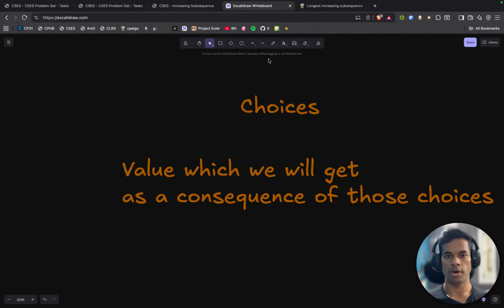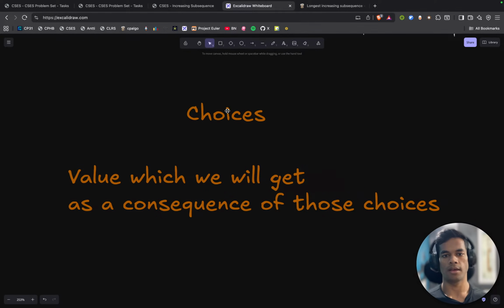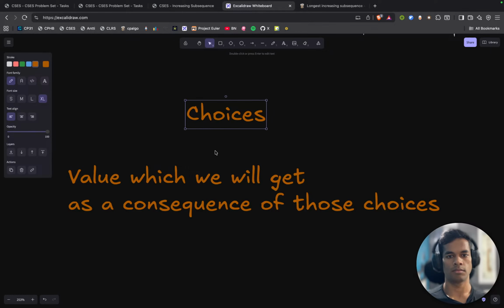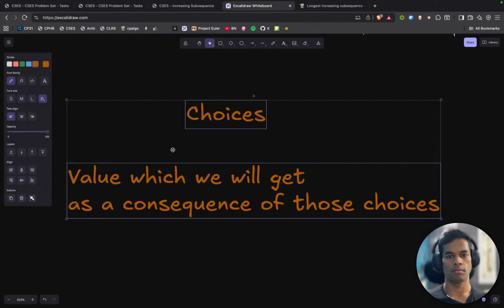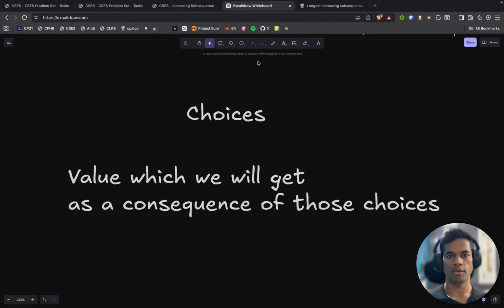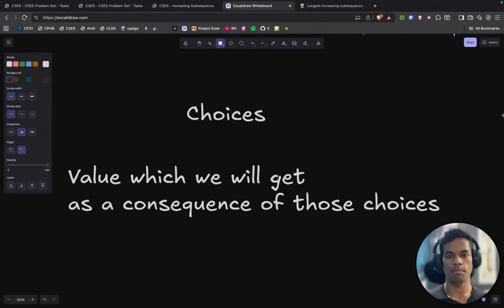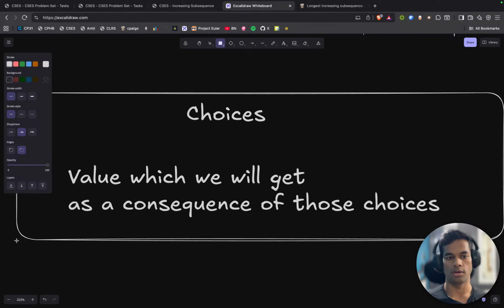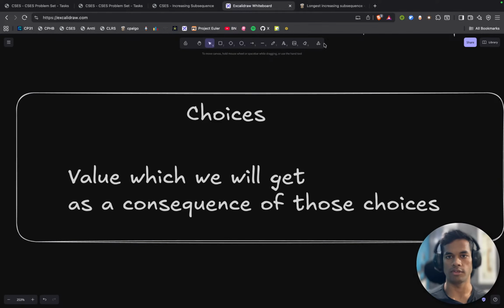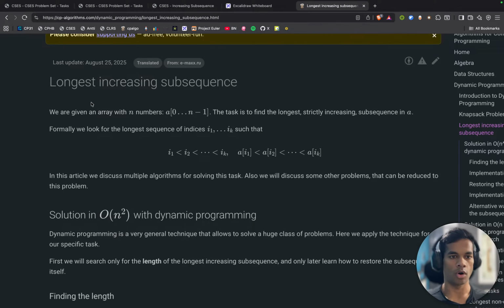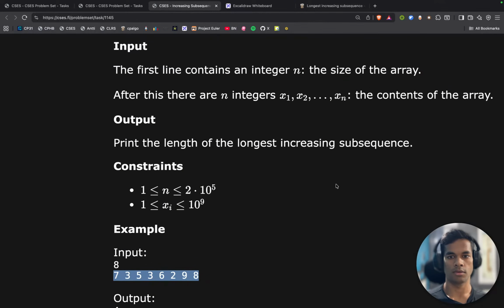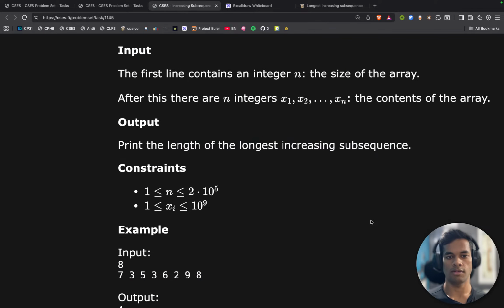And the only part that we have to optimize is finding the best choice without going through all the choices. That is what we have to optimize. We are given an array like this. The task is to find the longest strictly increasing subsequence.